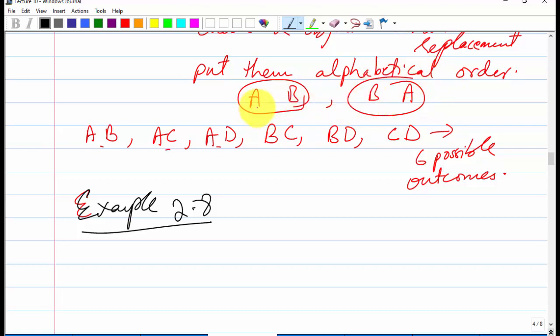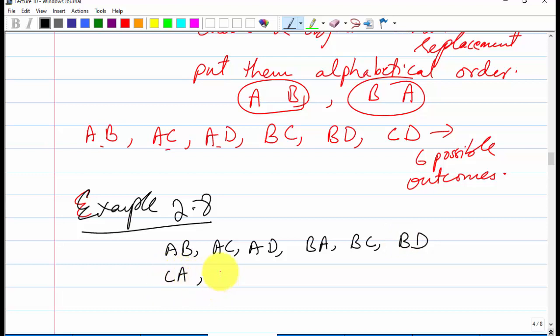If A comes before B, that will be one outcome, and if B comes before A, that will be another outcome. In that scenario, our sample space will contain the possible outcomes AB, AC, AD, again BA, BC, BD, because they are without replacement. So BB and AA, CC and DD will not be possible.